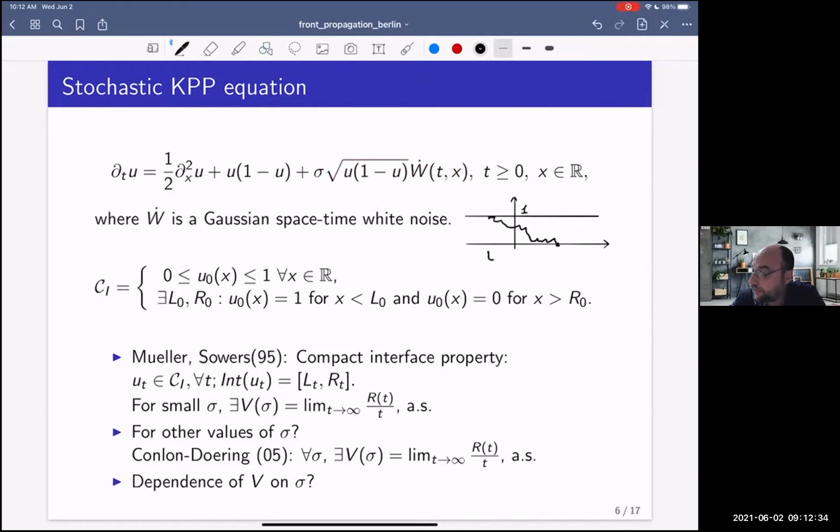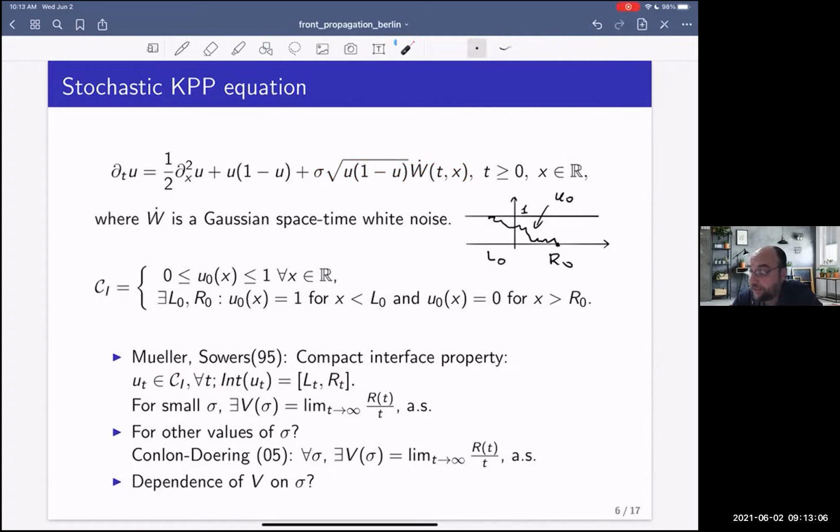This is R0, this is L0, and the question you ask is, if this is u0, whether the compact interface property holds also when the equation propagates with time. It was shown by Carl Mueller and Sowers in '95 that the compact interface property holds for any time.